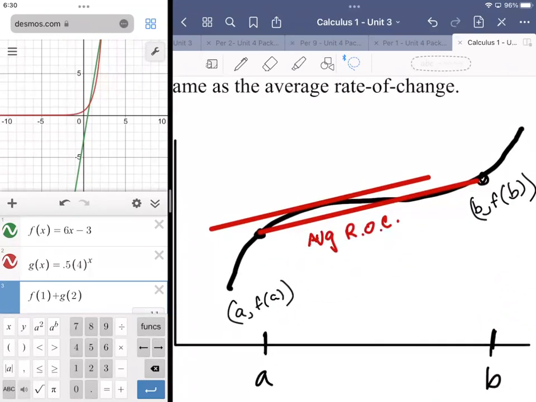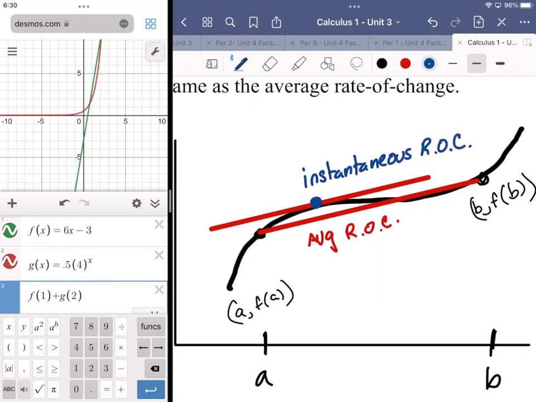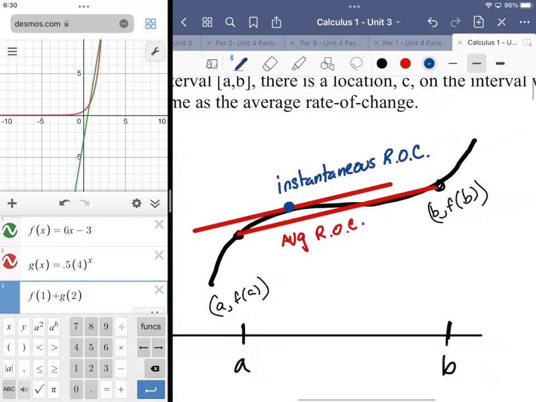All right, you can see they're parallel to one another. So this is the instantaneous rate of change. That is an illustration of the mean value theorem.